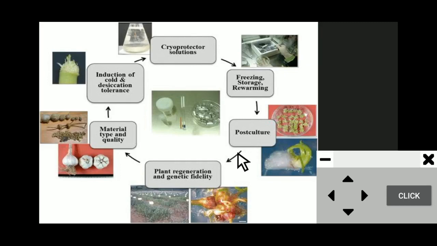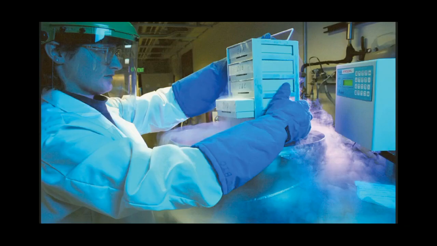The cryopreserved cells or tissues have to be carefully transferred to the nursery and grown there with the addition of some growth promoting substances and under properly maintained environmental conditions. So this is the procedure behind cryopreservation.